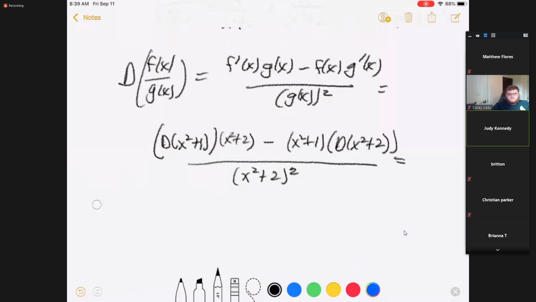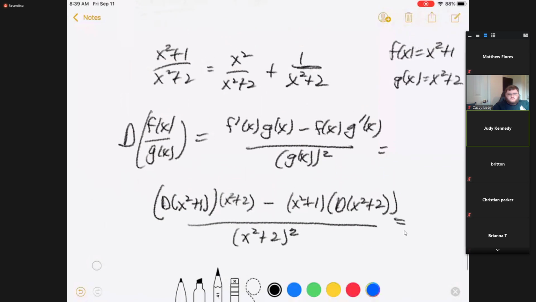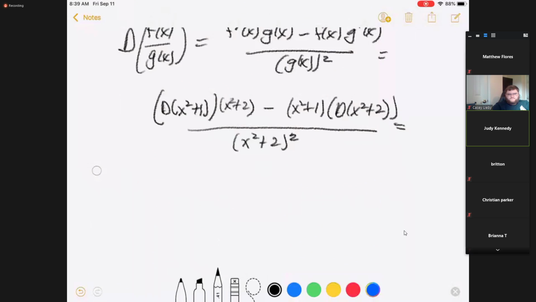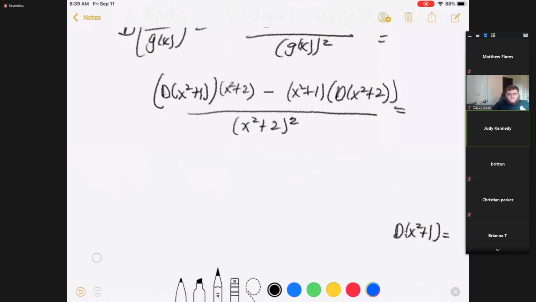Well, the derivative of x squared plus 1, I hope maybe you're kind of able to do this in your head almost at this point. I've got the sum of two things, so it's the sum of the derivatives.